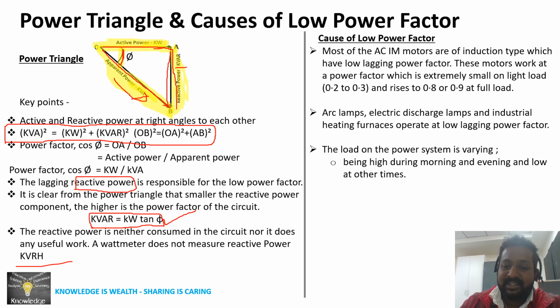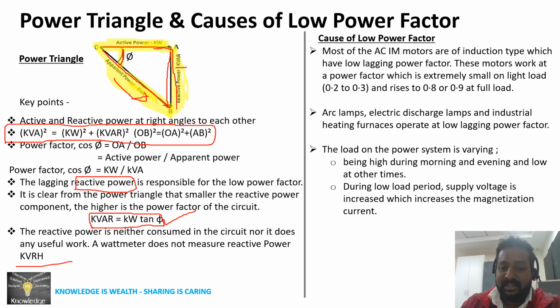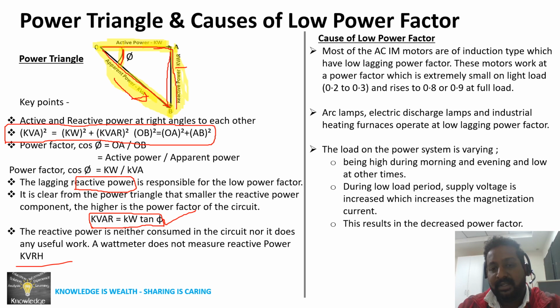Due to these variations there is a voltage disturbance, and this creates a magnetizing current. That magnetizing current also decreases the power factor. So the load pattern variations are also a reason for low power factor.